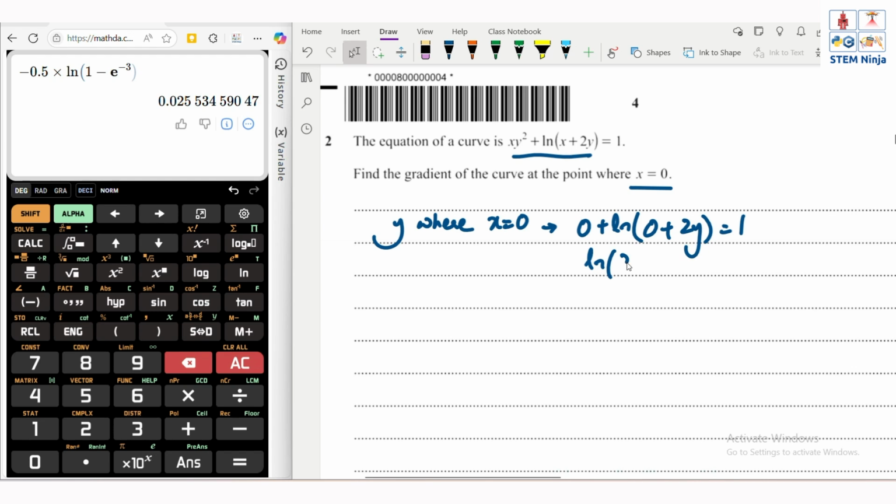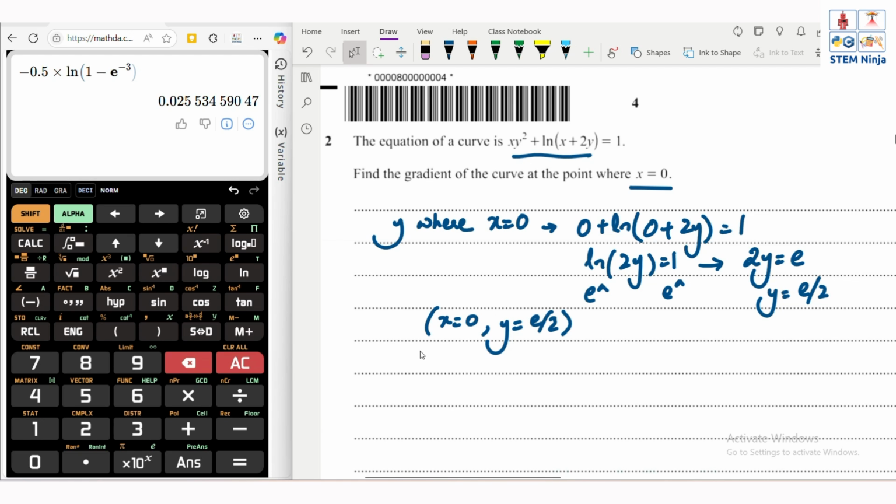So ln of 2y equals 1, which means that 2y equals e, and y is e by 2, right? So the coordinate that we are looking for, x is equal to 0, y equals e by 2.